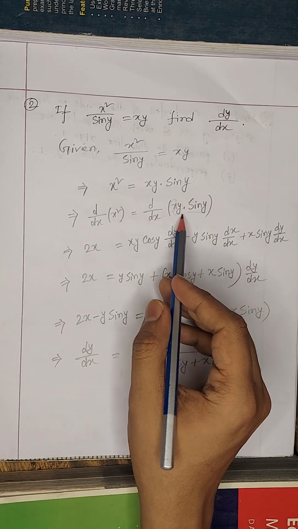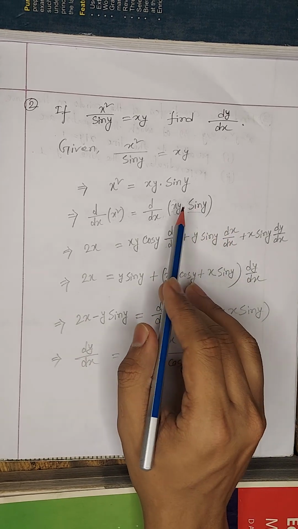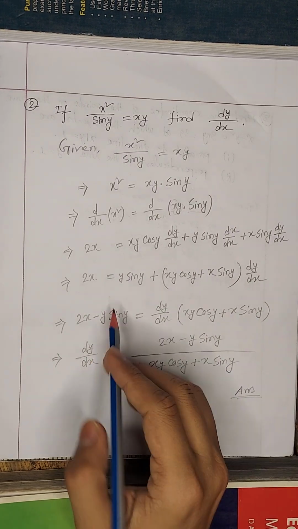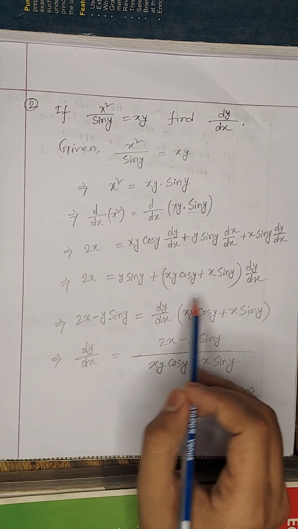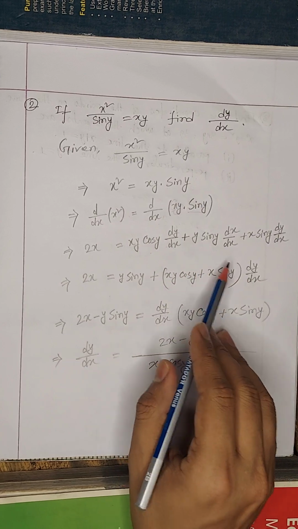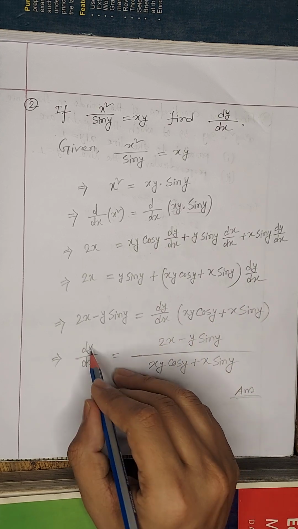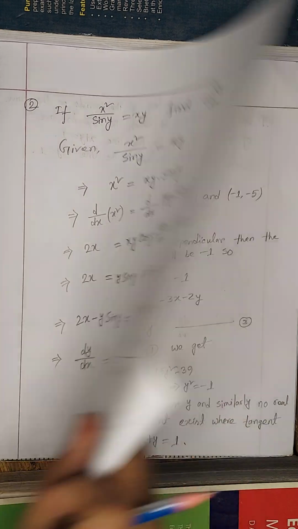We can say that this is a UVW formula. First we differentiate w, then we differentiate v, then we differentiate u. So finally we get the dy by dx. We just differentiate, then we take common dy by dx, and the remaining part we bring into brackets, and then we find the value of dy by dx, which is this expression.